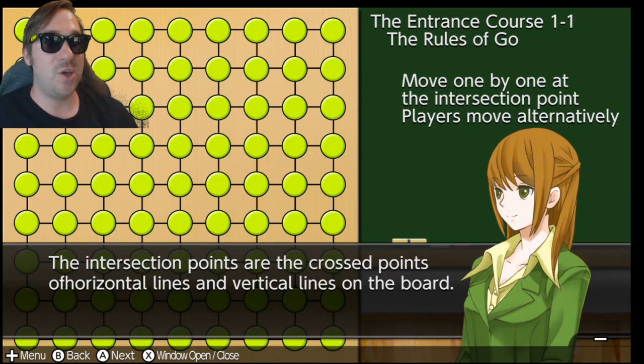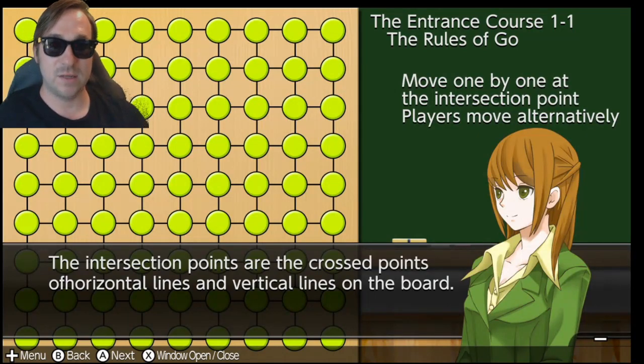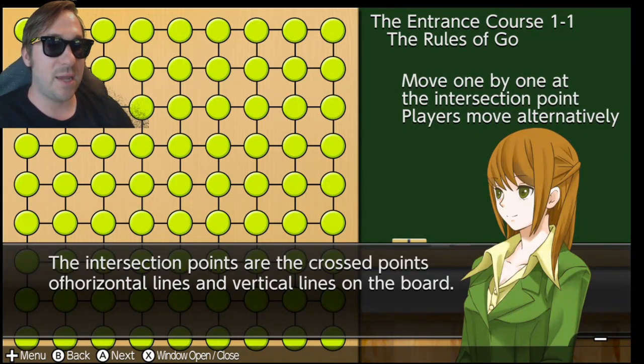So typically a Go board has a 19 by 19 grid, and stones are placed on the intersecting points only, and also including the corners, in case you're curious, in turns of black and white.